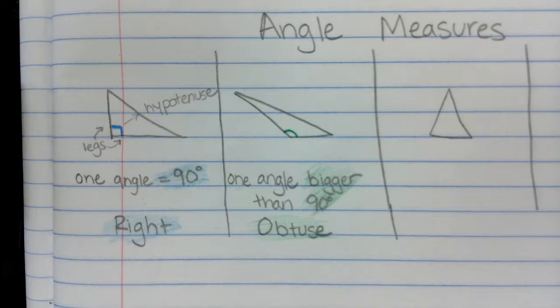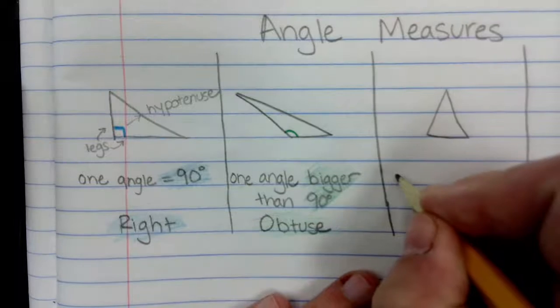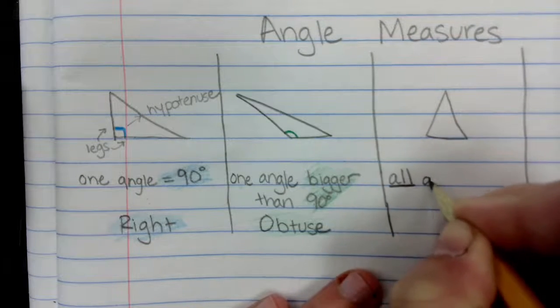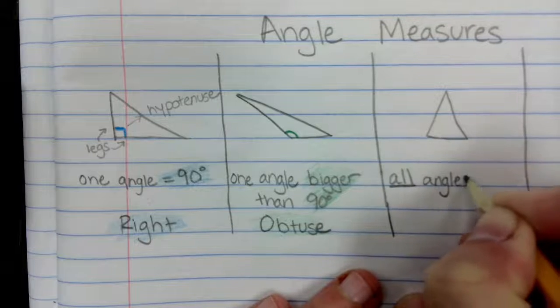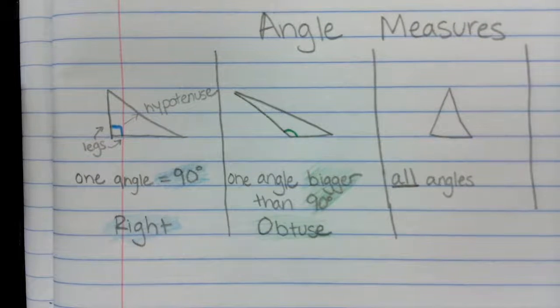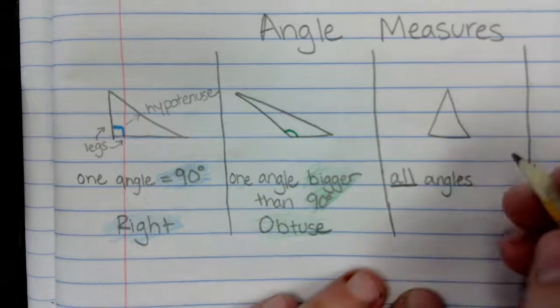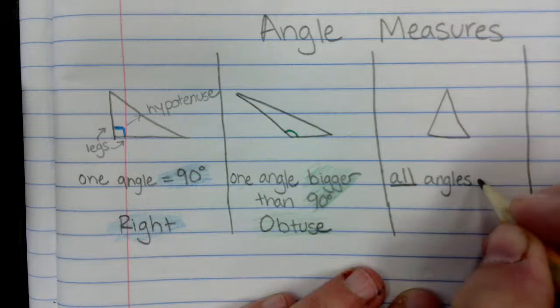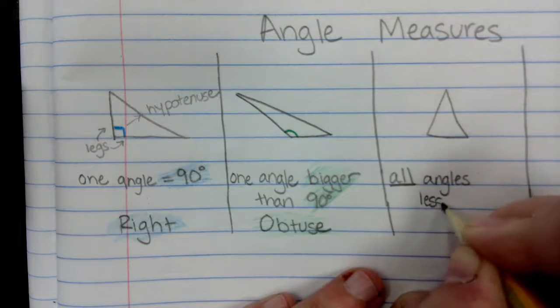Okay, we're not going to mark any angles here because it's not necessarily that the angles are equal in any way. But the key here is all the angles are less than 90 degrees.